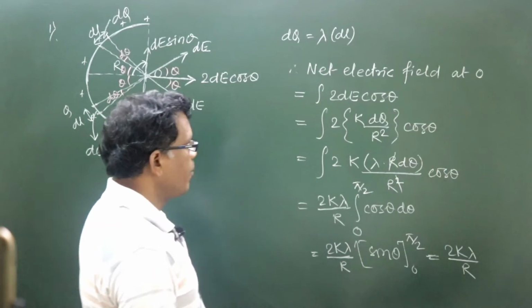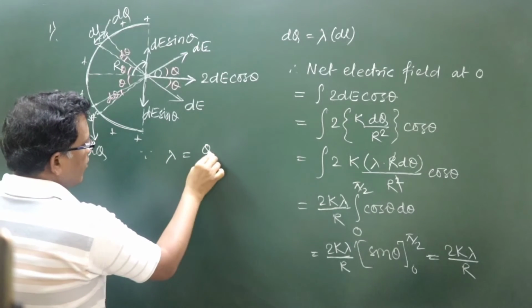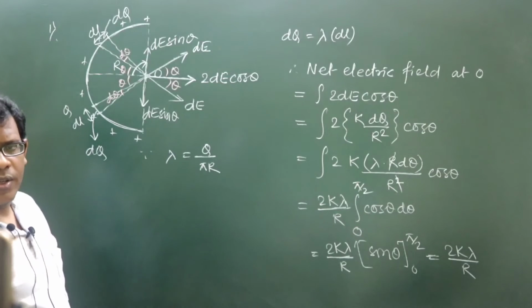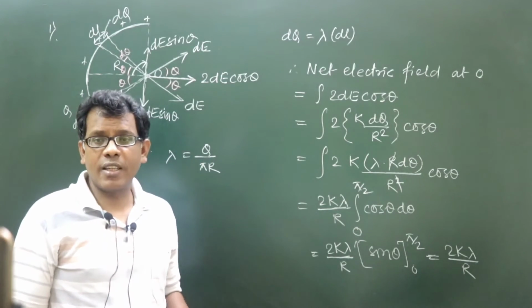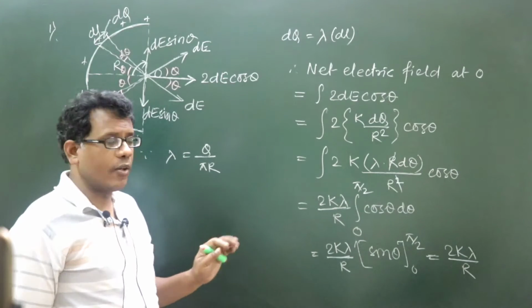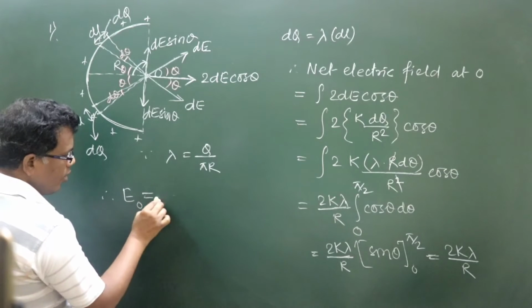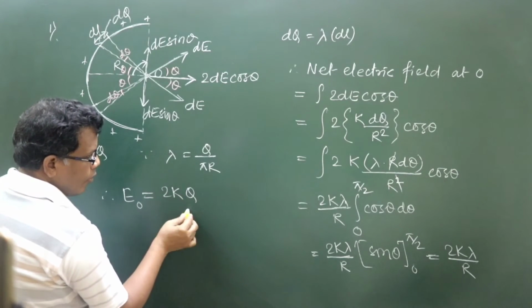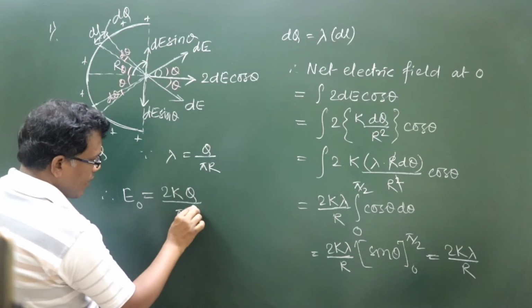You can finally replace lambda, which will be Q divided by pi r. The charge Q is on the circumference, which is half of the circular ring, so its length is pi r only, right? So therefore the electric field at O is 2kQ divided by pi r square.